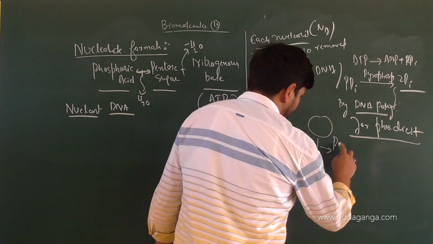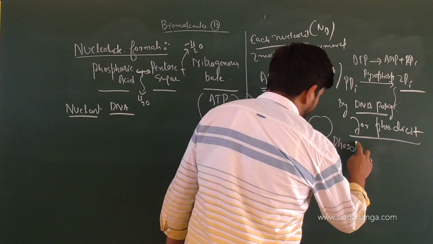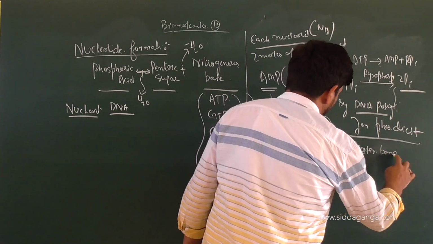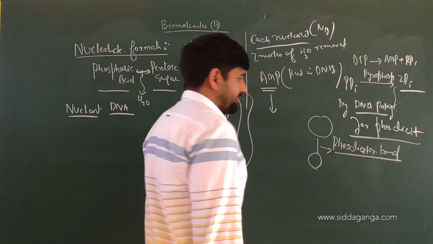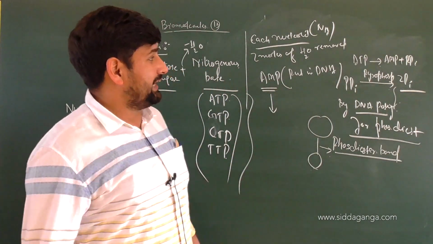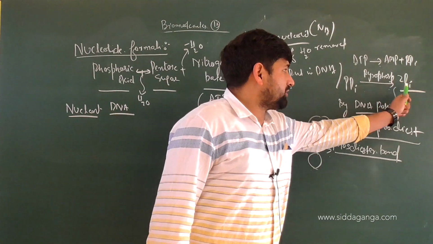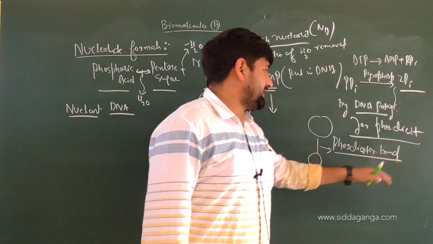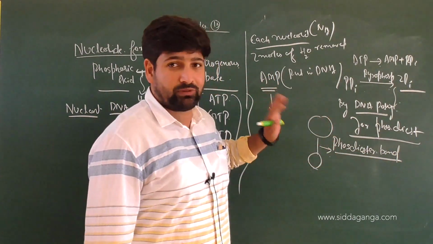I said earlier, the bond is a phosphodiester bond, and to make this bond they need some energy. The DNA polymerase molecule utilizes energy that comes from the phosphate. The PPi molecule breaks into 2 Pi, and the energy obtained from there is used by the enzyme for that purpose, and many other works will be done.